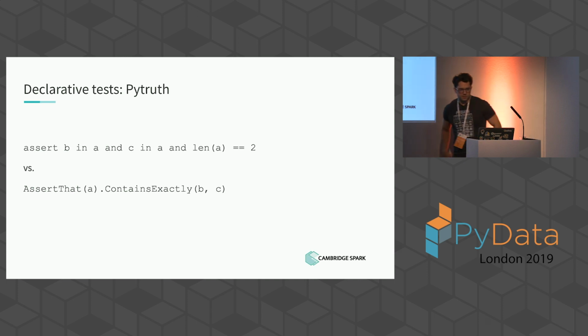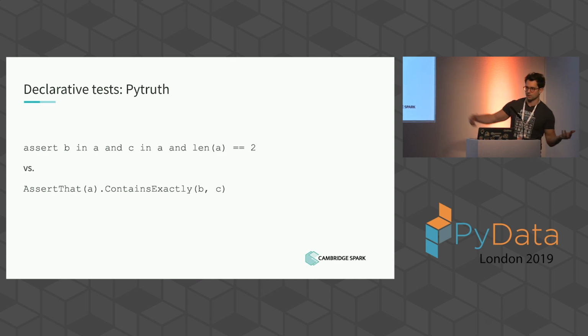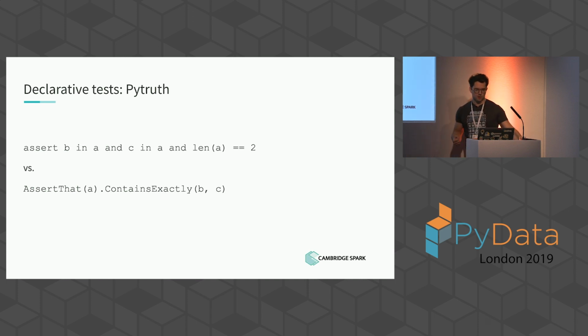Now, there's a ton of libraries that allow you to write more declarative tests. So that's basically attempting to bridge the gap between the business language and the code. Okay? So assert B in A and C in A and then A equals 2 is very Python. You need to be a programmer. So someone with more of a business background, if they look at that, because they might be involved in the requirement phase and the test, they might not necessarily be able to understand what's going on because they'll get bogged down on syntax.